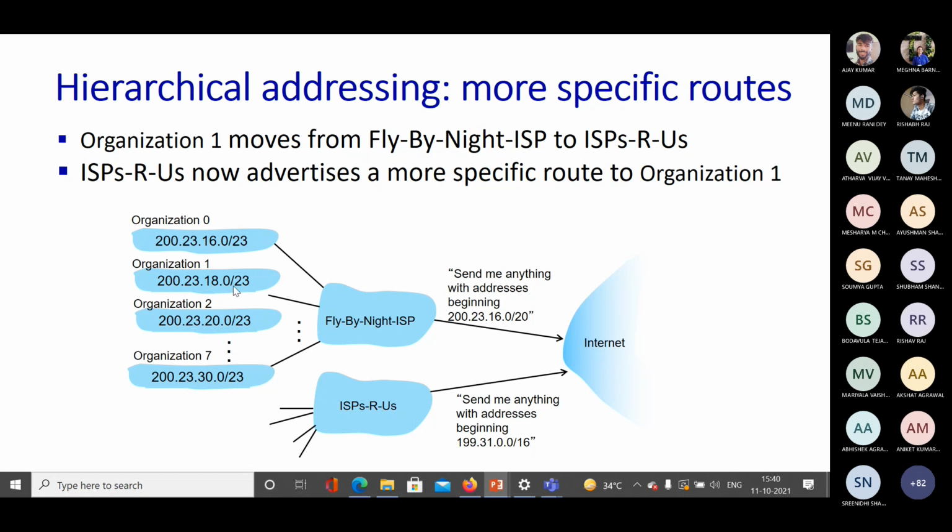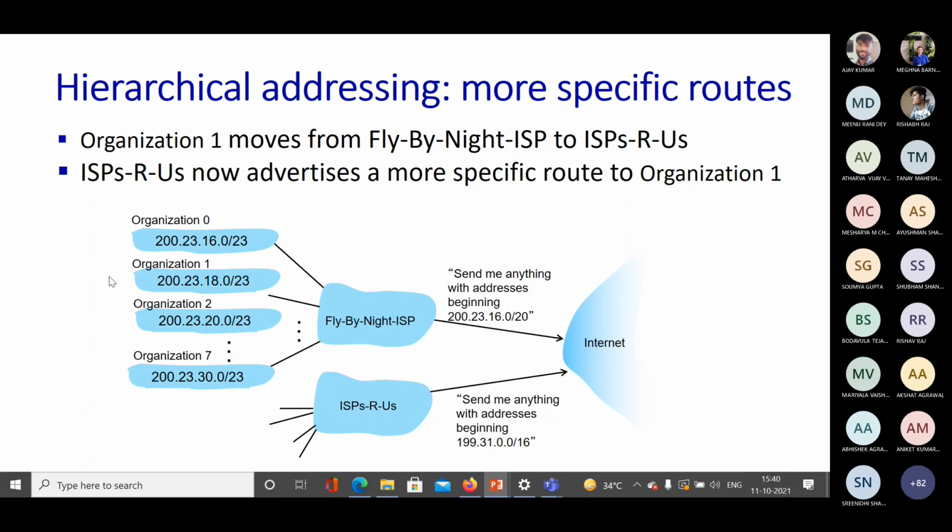So this does not belong to this subnet, but organization 1 has joined this ISP. Now you would say we will change the IP address of this organization, but you are not changing the IP address of just the organization. You have to change all the corresponding hosts, all the sets of IP addresses, so the entire chunk changes. That again is a cumbersome process.